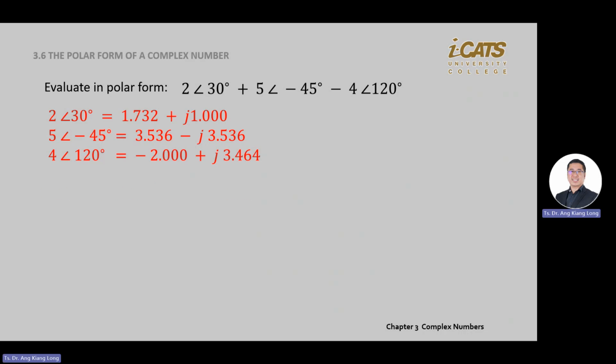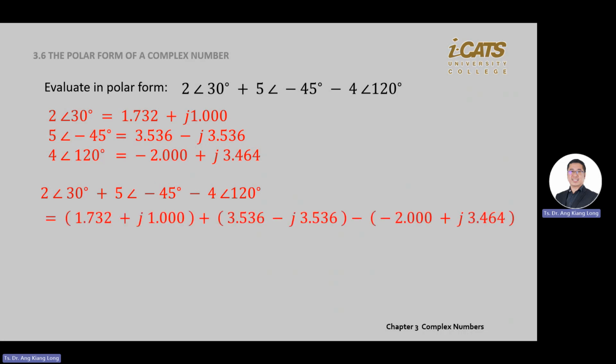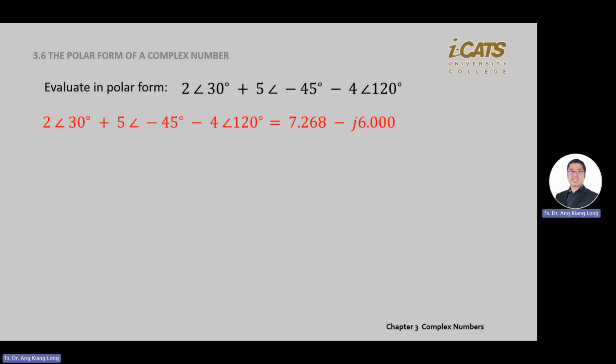So it's a positive, but this one becomes negative. So you should start to use the bracket form to help you avoid mistakes. Just a reminder, use the bracket to eliminate the mistakes. Okay, so this is the answer for that one.